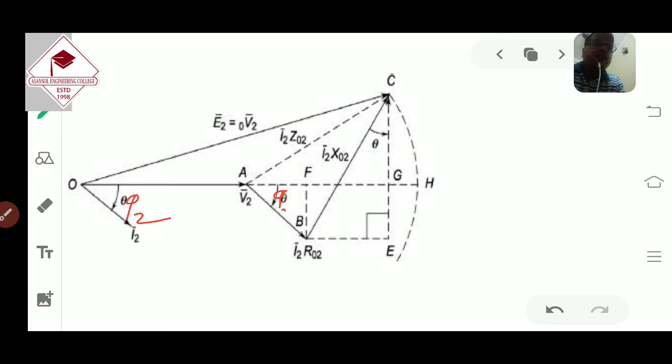This is phi 2, as we know. If this is I2 R02, what is the value from here to here?